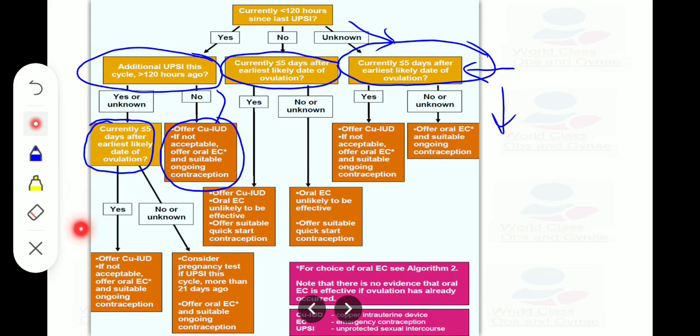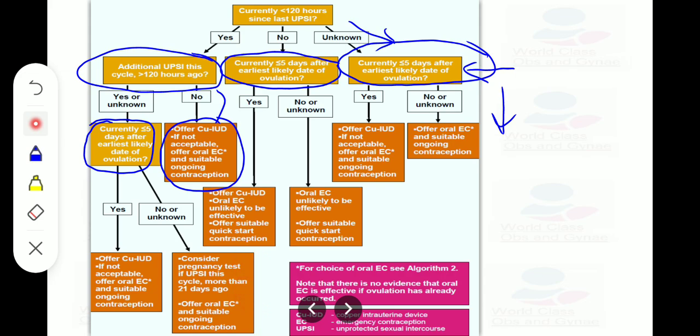If not acceptable, then offer oral emergency contraception. If it is unknown whether she is less than 5 days after the earliest likely date of ovulation, we consider a pregnancy test if OPC in this cycle was more than 21 days ago. After that, we offer oral emergency contraception and suitable ongoing contraception.